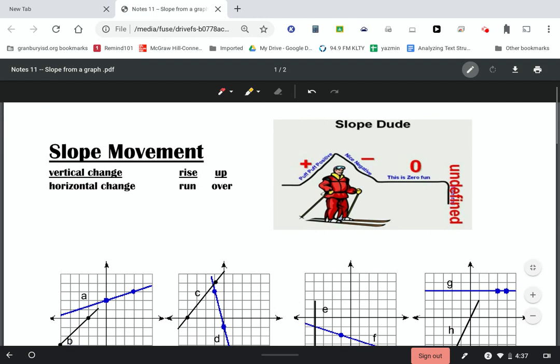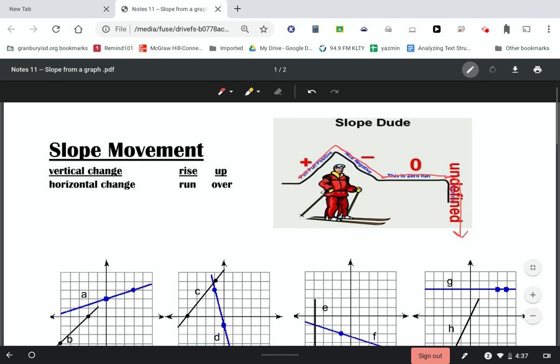All right, so then you can go ahead and look at this too. This is a slope dude. So he's puff, puff, positive, nice, negative, zero, fun, undefined. So that will kind of help you determine whether a slope is positive, negative, zero, or undefined.